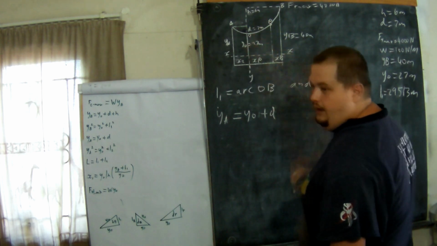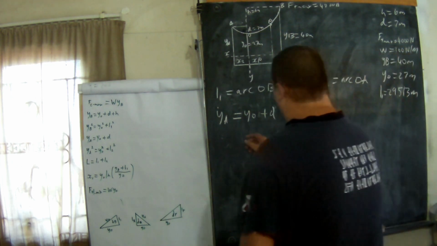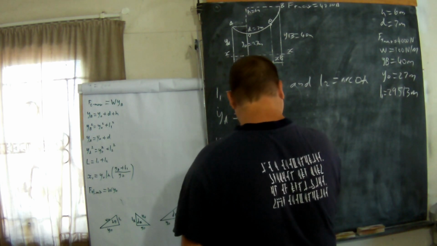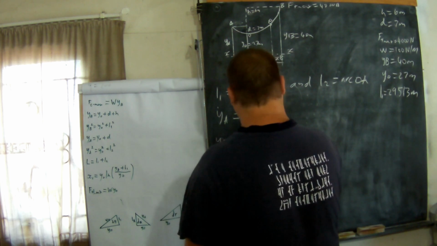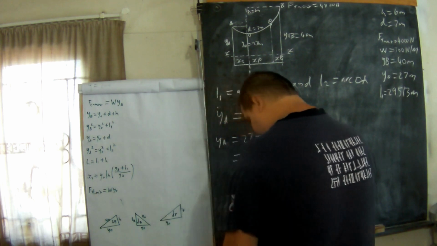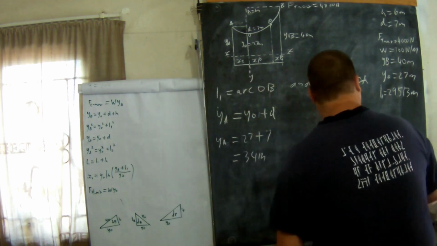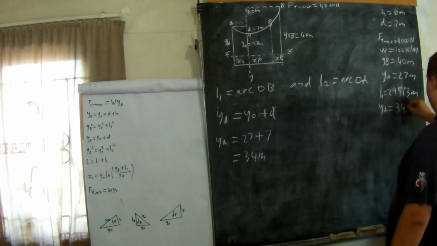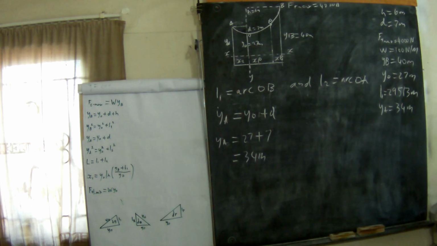So D plus YO, it makes sense. If you're looking at your drawing, it completely makes sense. So YA is equal to 27 plus D, which is 7, 34 meters. So YA is 34 meters long. That is how high the support is.